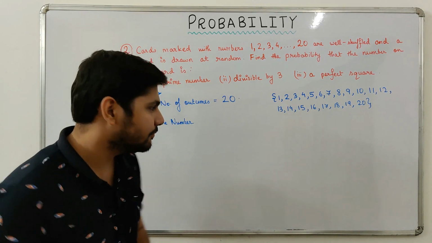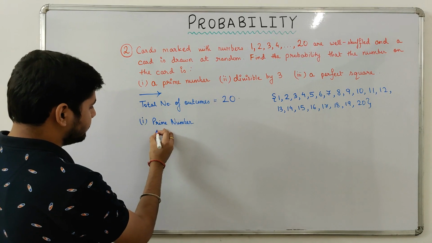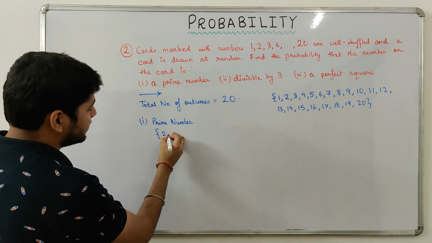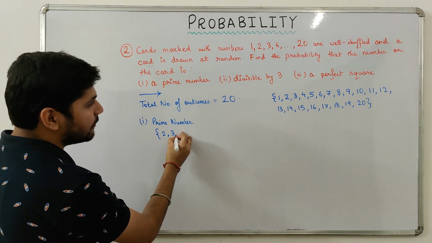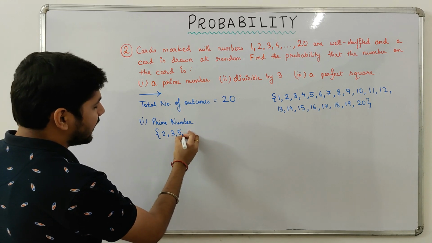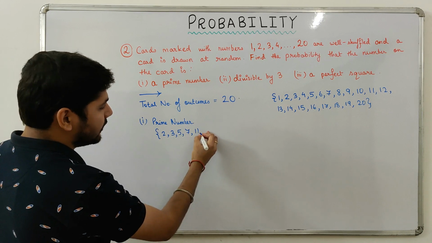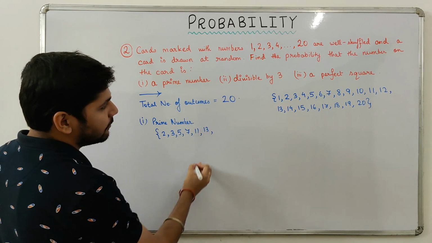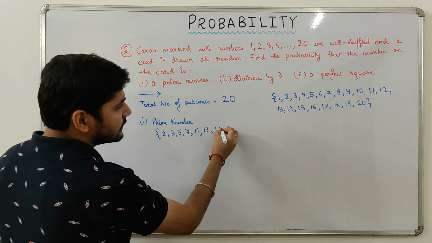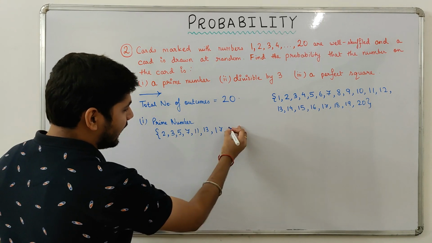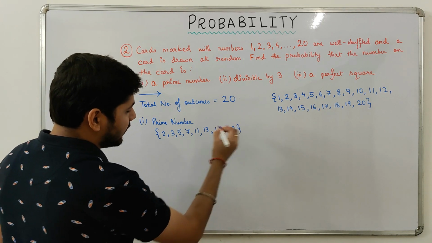So let's do that. We have 2 is a prime number, 3 is a prime number, 5 is a prime number, 7 is a prime number, 11 is a prime number, 13 is a prime number, 17 is a prime number, and 19 is a prime number.